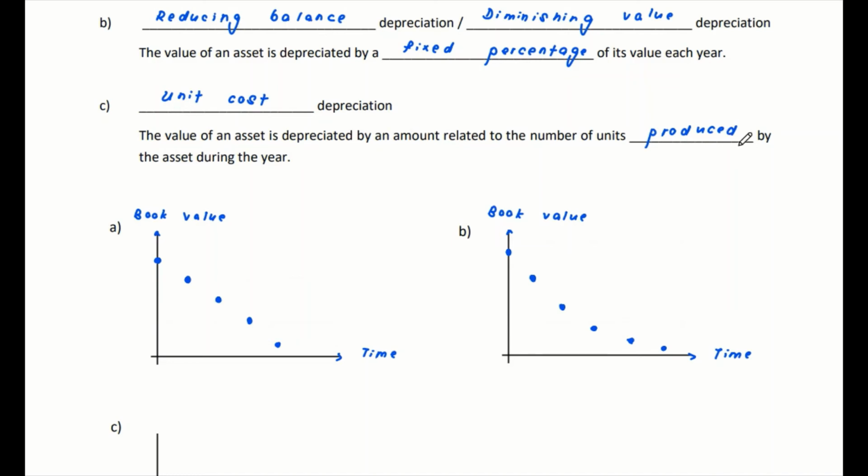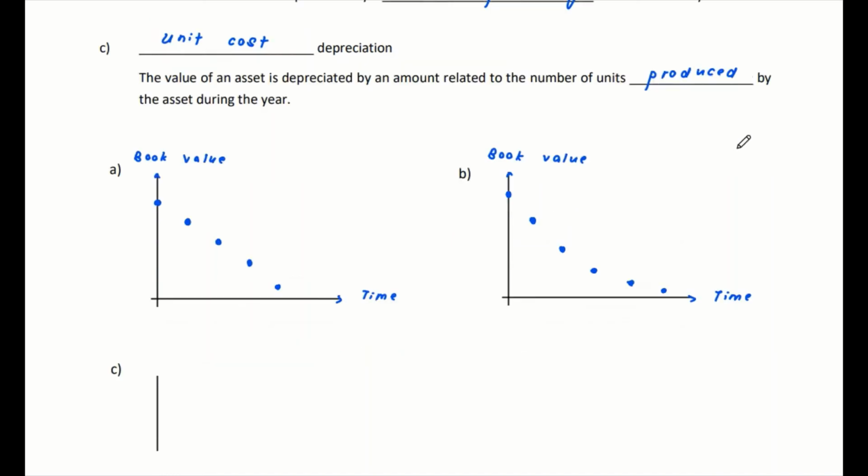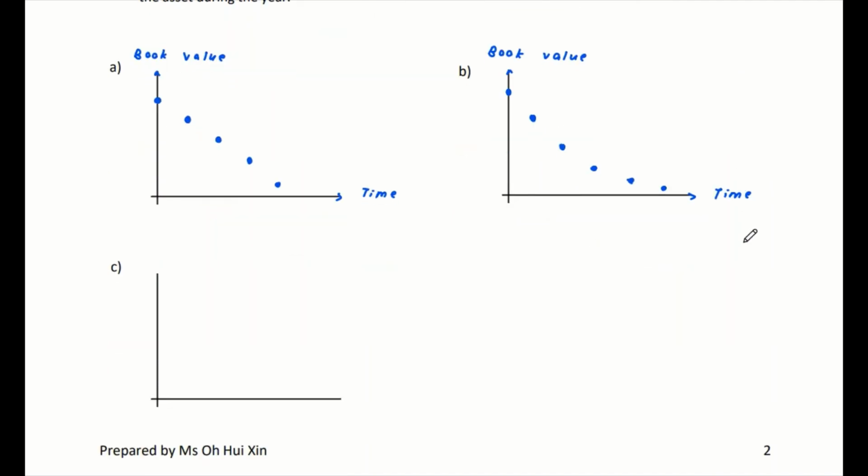Okay, a very good example would be, for example, a printer. So this is the usage and this is the book value. You can imagine that if I start off by buying a printer with a value of 500, then after I have printed out 1,000 copies, the value of the printer is going to decrease by $50.